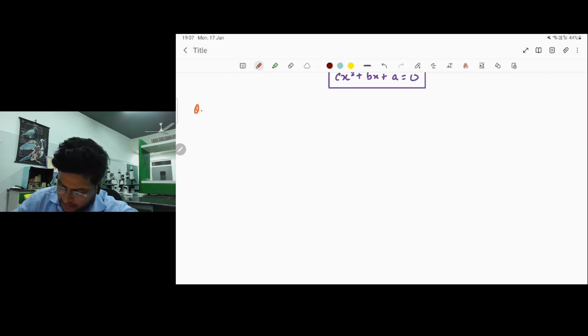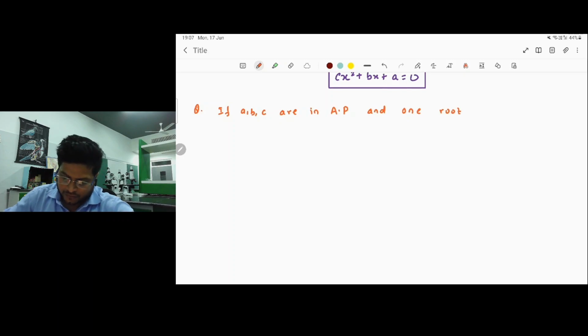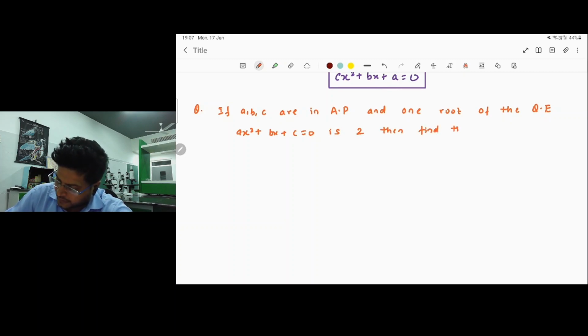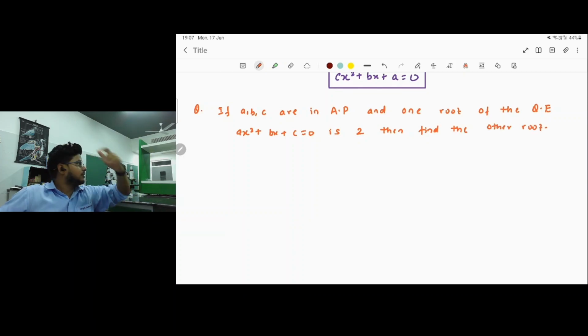Let's say the question is, if a, b, c are in an arithmetic progression and one root of the quadratic equation ax square plus bx plus c equals 0 is 2, then find the other root.